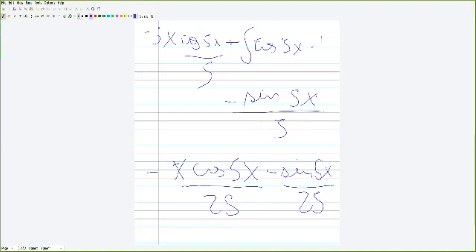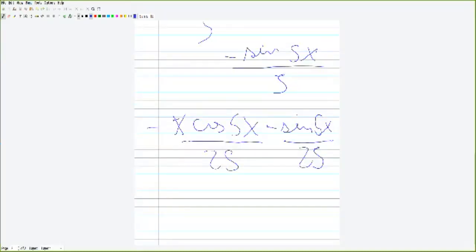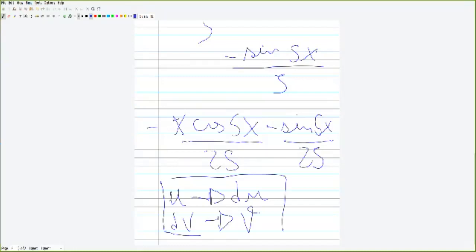So that's the right answer. And that would be some of the criteria to use for u and dv. You have to choose u because it's going to be easy to do the derivative, and you have to choose dv because it's going to be easy to find v. So that's the criteria, and that is integration by parts.